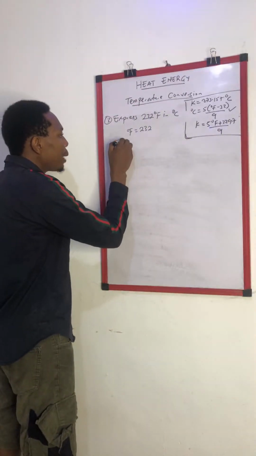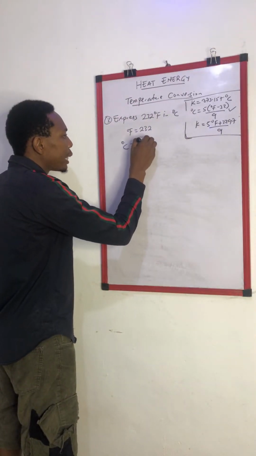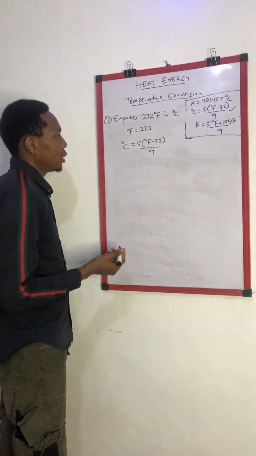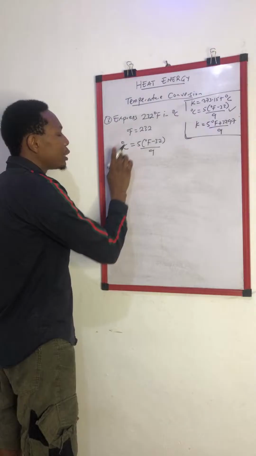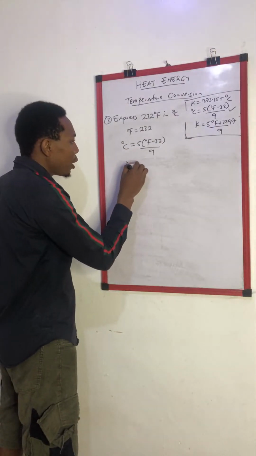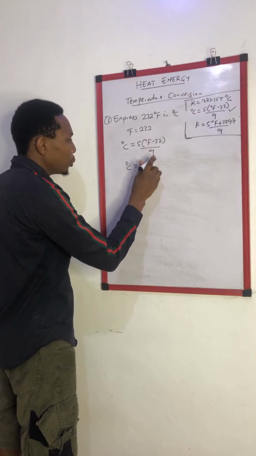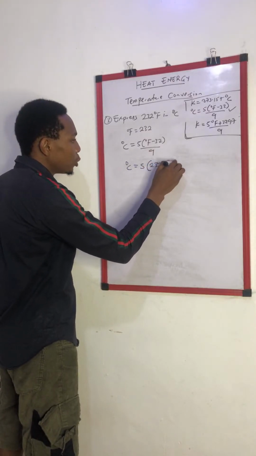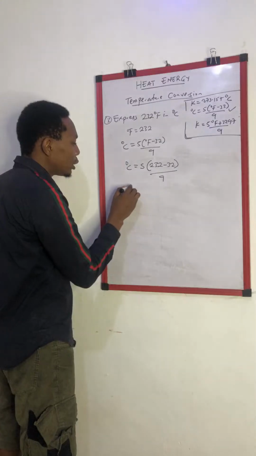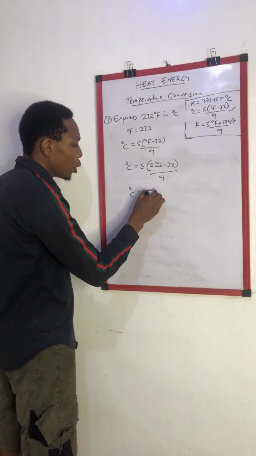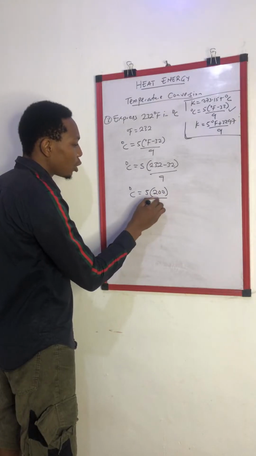So the formula is degree Celsius equals to 5 bracket degree Fahrenheit minus 32 all over 9. Okay, so here we are looking for degree Celsius. So degree Celsius equals to 5 bracket, what? Degree Fahrenheit, 232, then minus 32 all over 9. So we have 5 bracket 232 minus 32, we have 200 all over 9.